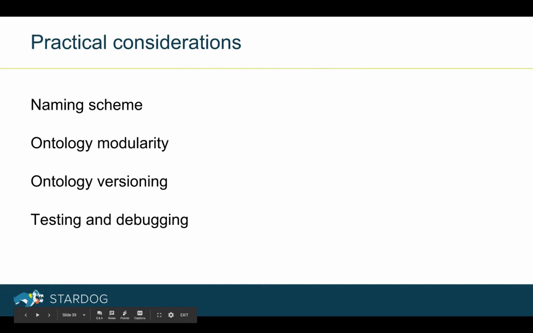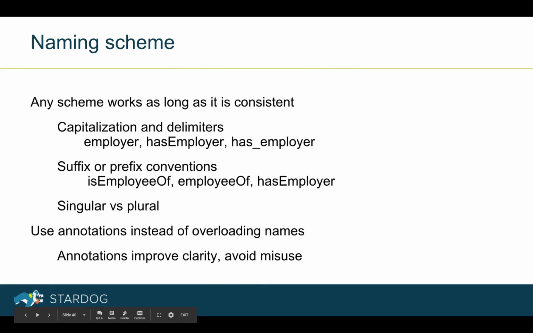To close out here, I just want to cover a few practical considerations, including your naming scheme, ontology modularity, ontology version, and testing and debugging. Any naming scheme works well, but it has to be consistent. Examples of differences here include the direction of the relationship itself.